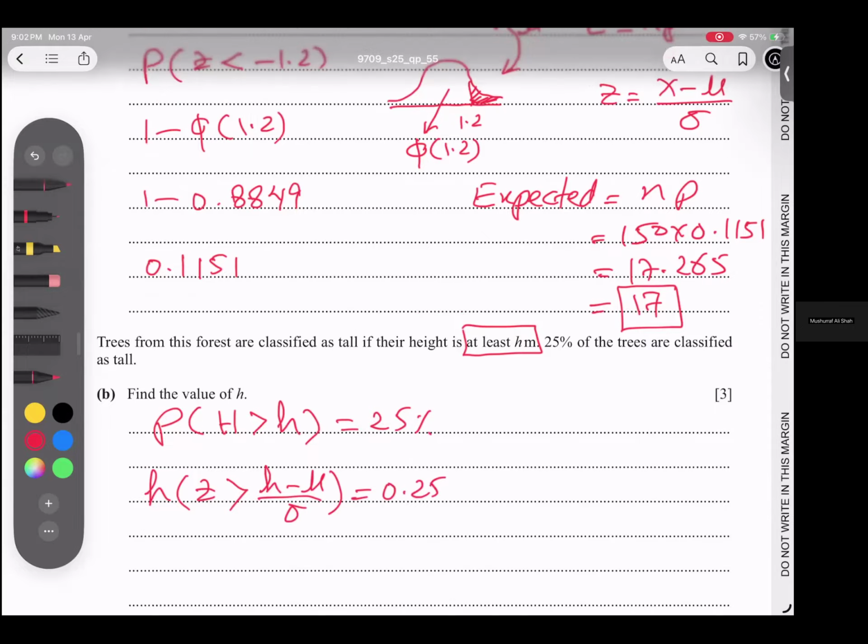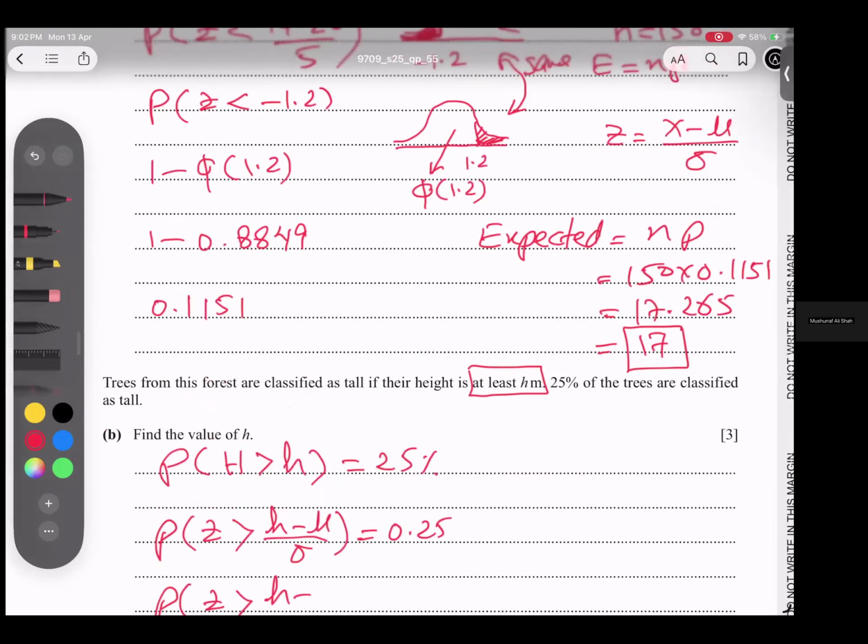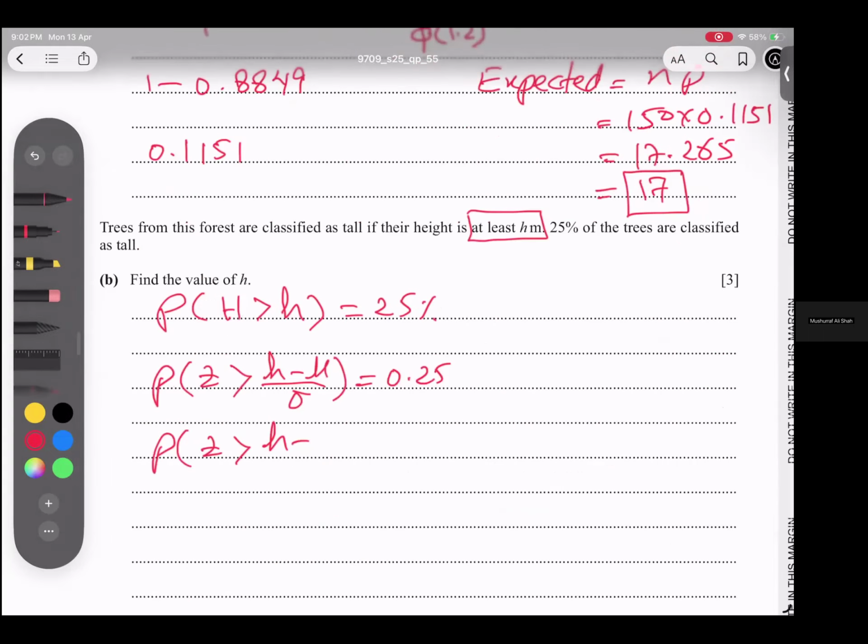Now we write the values. It is P for probability. The mean value is 20 and deviation is 5, and 0.25.